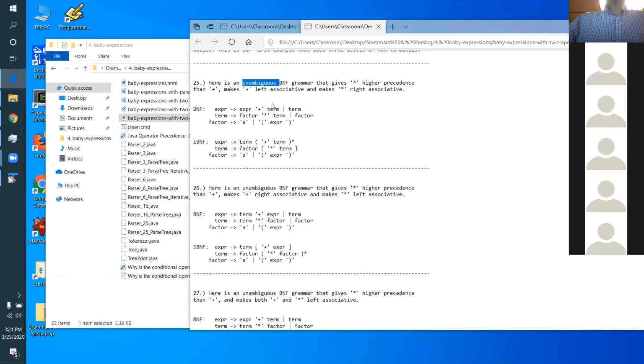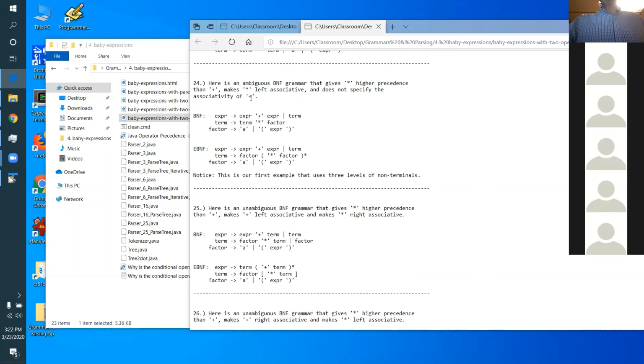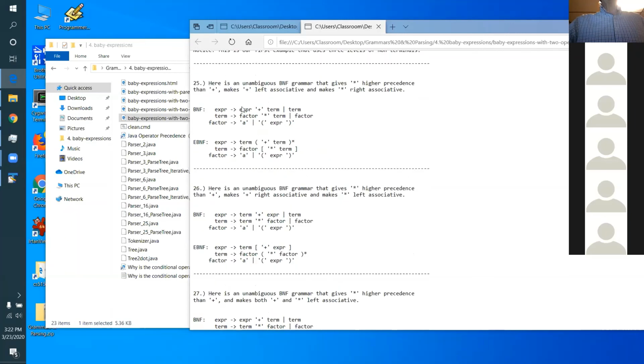It makes multiplication higher precedence. Now notice we finally have three productions. To get rid of all these ambiguities, it turns out that we actually need three productions, and it makes sense because we actually have three levels of precedence: multiplication, addition, and parentheses.